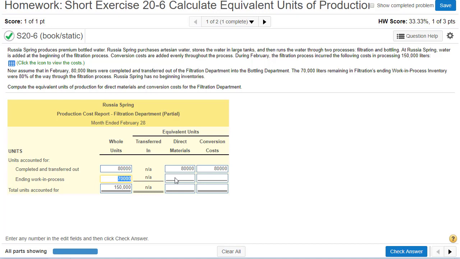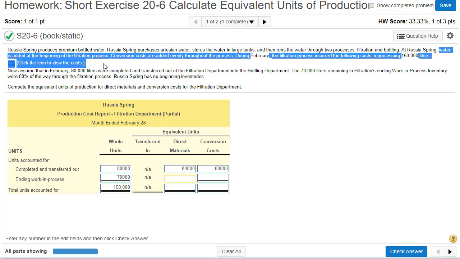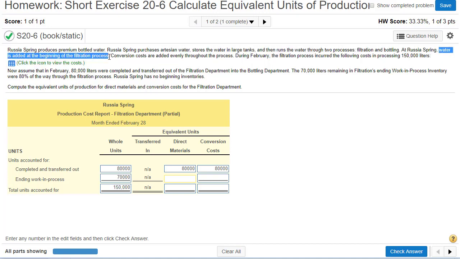So what we have to figure out is for direct materials, how many of them had the cost of the direct materials added to them. Well, we have to go back to this key part. Water is added at the beginning of the filtration department. Water is added at the beginning of the filtration process.